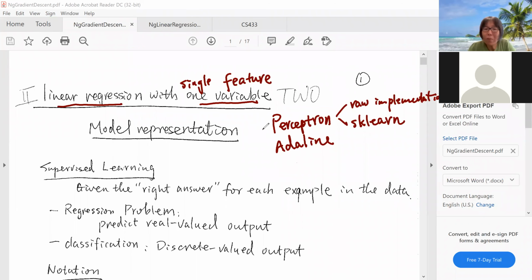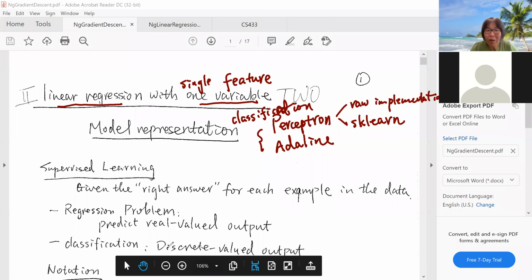Both of them are used for classification, and classification is based on discrete valued output.